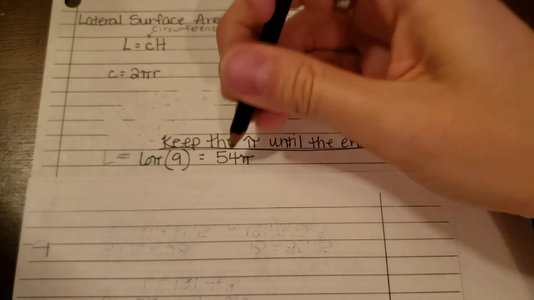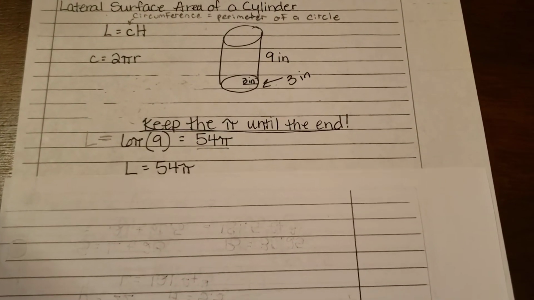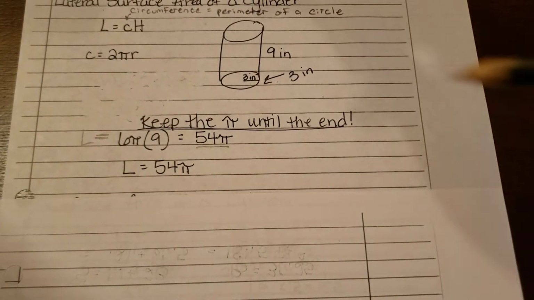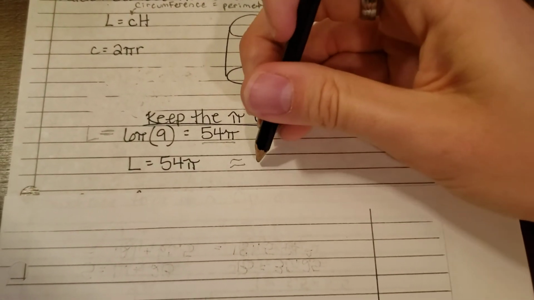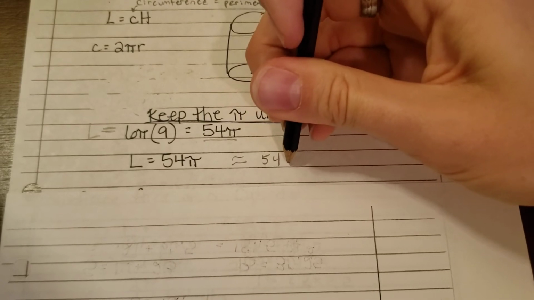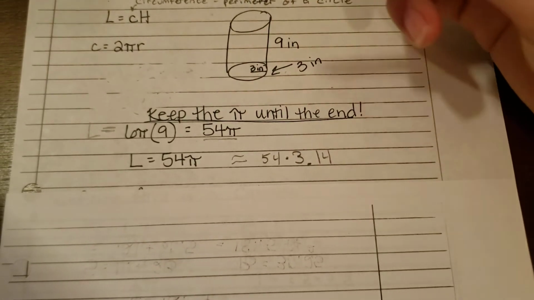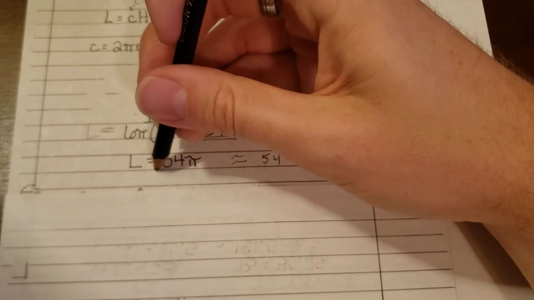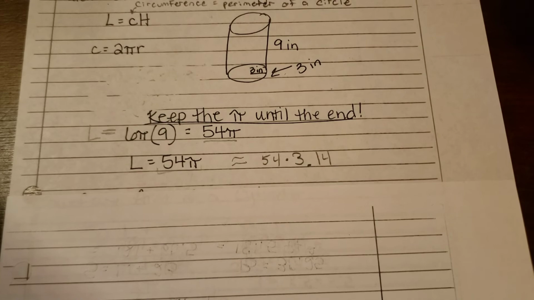Now, again, it's okay to leave it like 54 pi. You can multiply that out, right? And get something like 54 times 3.14. Or you could just keep it as 54 pi. That's totally fine.